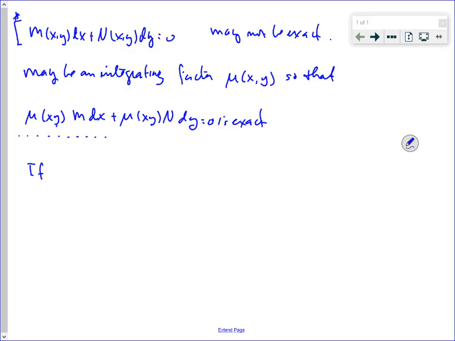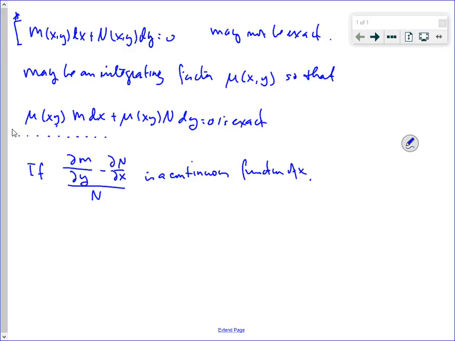and this looks pretty bad, but just bear with me here, take the partial of M with respect to y minus the partial of N with respect to x. Now, if these two things were equal, that would be 0. We'd have an exact equation. So these two things aren't equal, so that's not 0. If you take that and divide it by the function N, and this whole thing is a continuous function of x, then we can solve it.